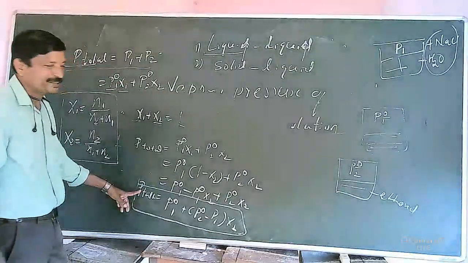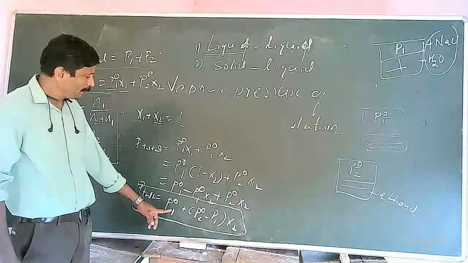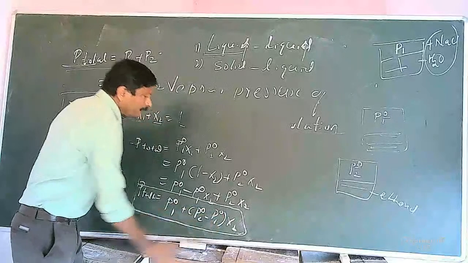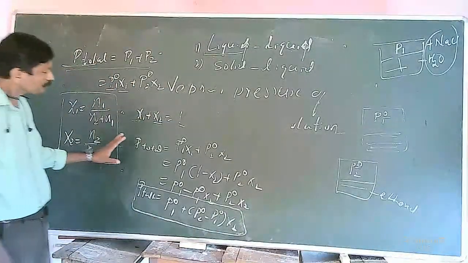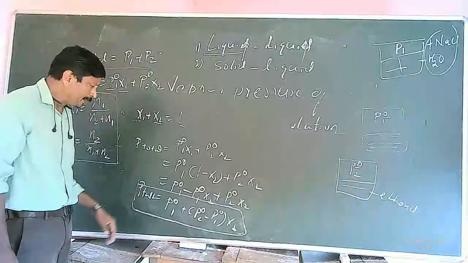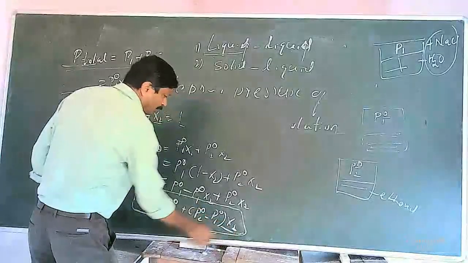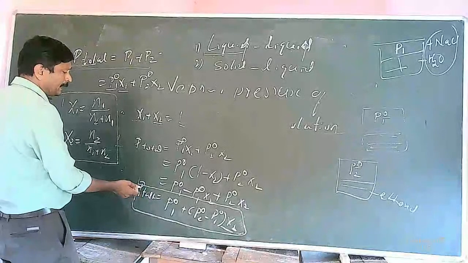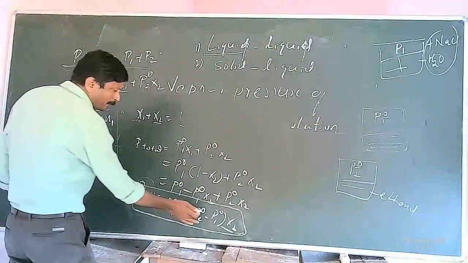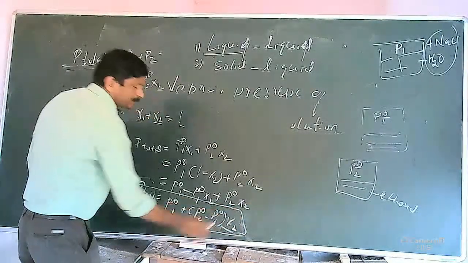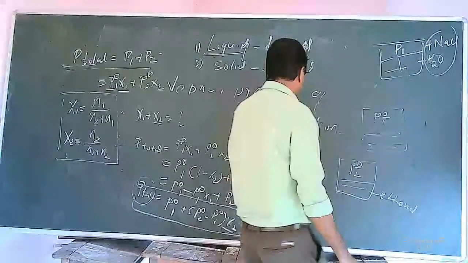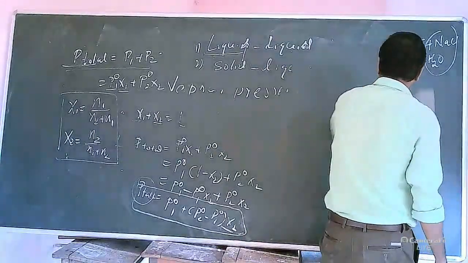Another form is P total is equal to P01 plus P02 minus P01 into x2. Clear? By knowing the mole fraction of one component, you can calculate the P total. Or by knowing the P total, P01 and P02, we can calculate the mole fraction of the two components. Both types of problems we can do.